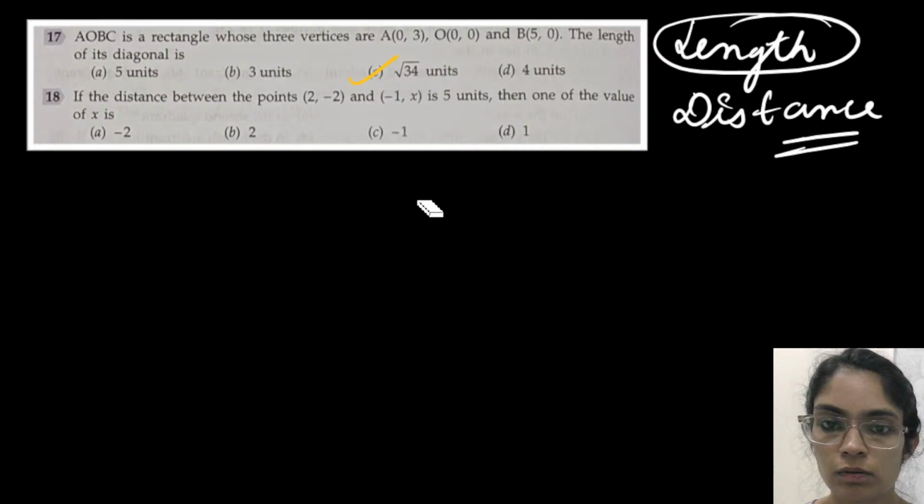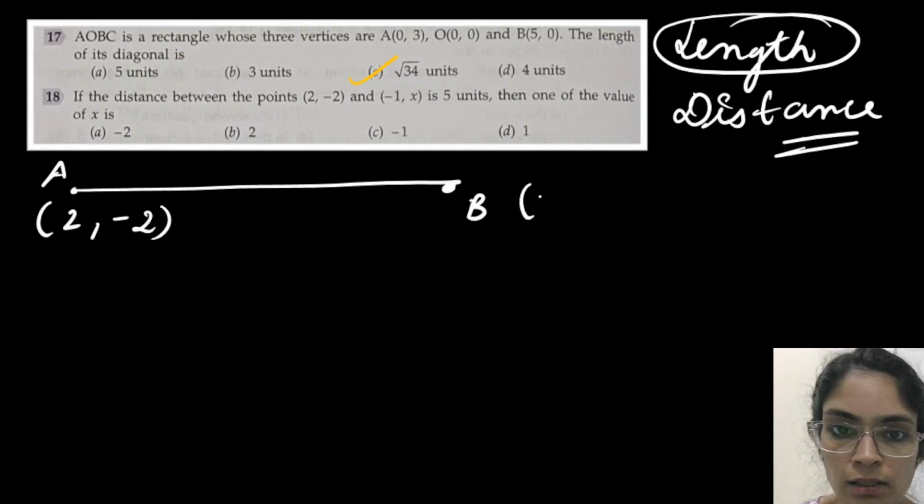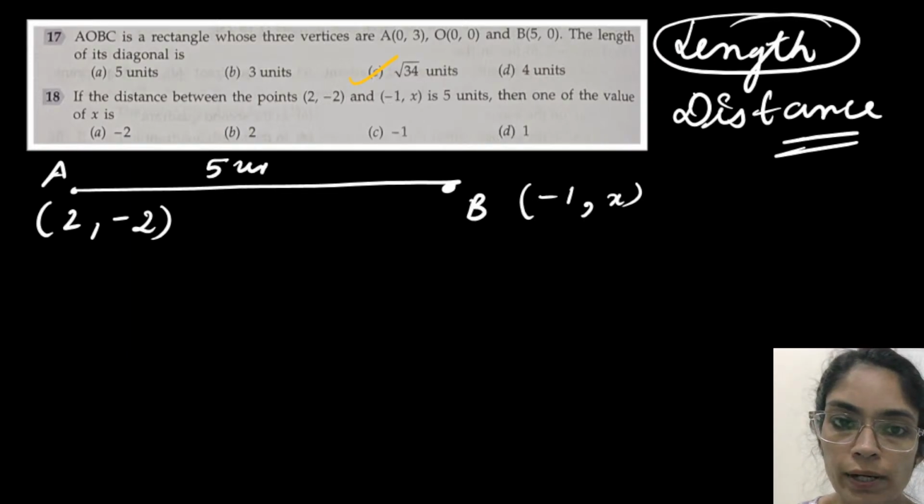If the distance between two points is 5 units, one point is 2 comma minus 2, I'll write it as A. Another point is B, which is given to us as minus 1 comma x. The distance between these two points is 5 units. Distance is already given to us. We have to find the value of x in this question.